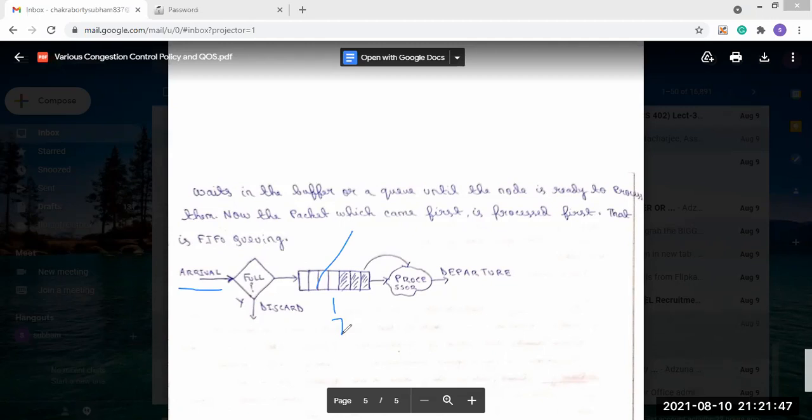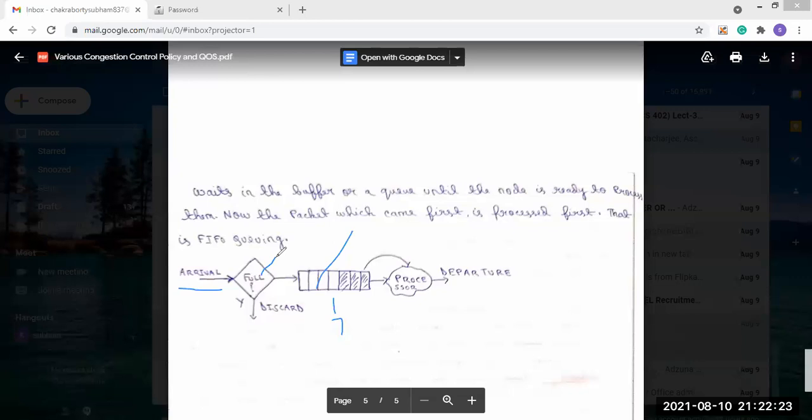The packet has arrived, but the capacity of the queue is 7, so first we have to check whether the packet can be added into the queue or not. That is why a condition is used: the packet arrives and we check whether the queue is full or not.